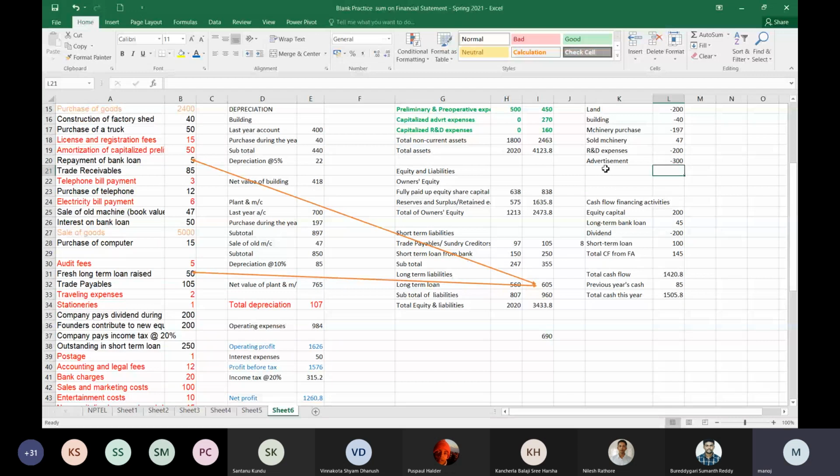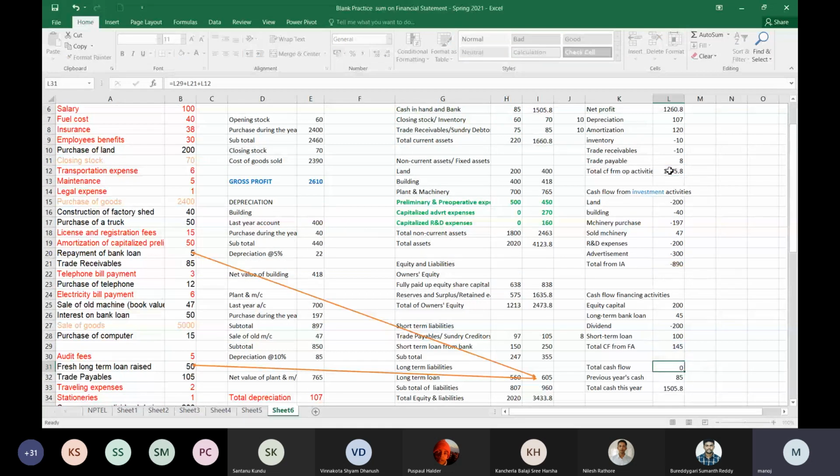So our total operating, sorry, it is not operating, this is investment activity is this, and our this one is equal to this plus, delete it altogether, sorry, not this, this one is equal to this plus this plus this.